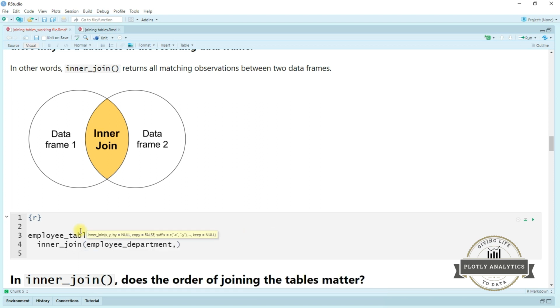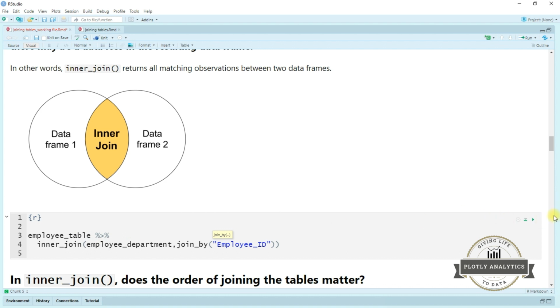Okay, and then we will also have to mention the key column inside the join by method. So what is the key column between these two tables? It is the employee ID. That column uniquely identifies all the values in both these tables.